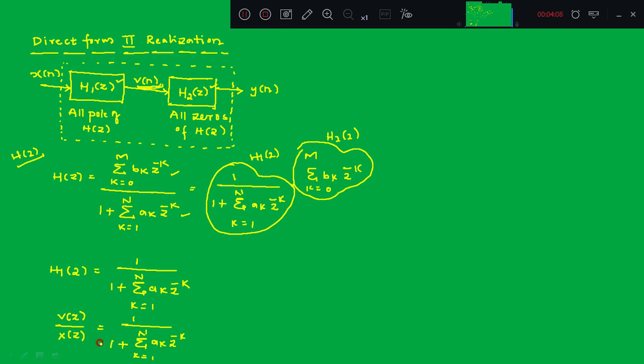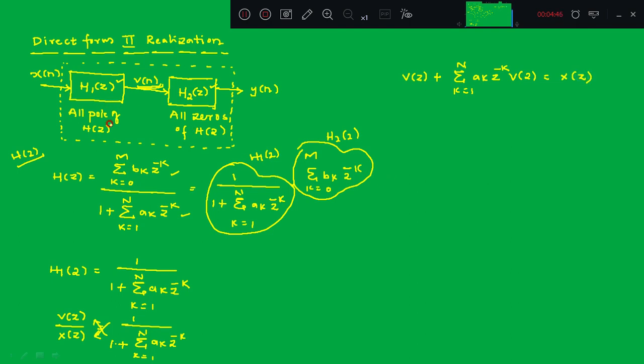So once you write all the terms in the z domain, what you have to do is just perform the cross multiplication as you have done in the last case. So how to do this one? Here I will do V(z) multiplied with 1 is V(z), plus summation k equals 1 to N a_k z raised to minus k multiplied by V(z) is equal to 1 into X(z), which is X(z) here.